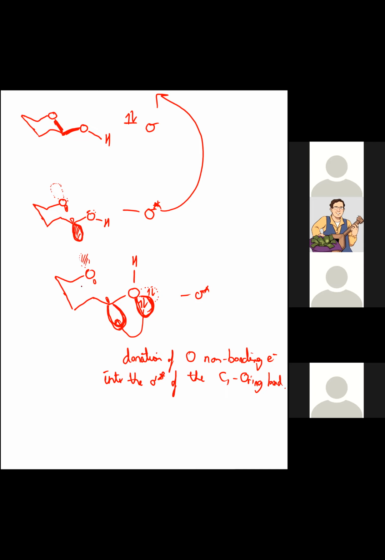Of course, with the beta, we can't have that. With an alpha, we do. So for the beta case, that CO bond has some double bond character. It's shorter than you expect. And this is the opposite of the alpha.